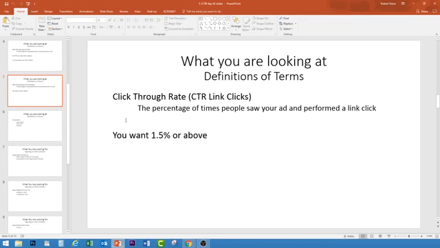And then once you get into your own niche, start selling your own products and really are able to dial in to that niche, those numbers might fluctuate from these baselines a little bit. Okay. So we went over the difference between the two different types of clicks and the two different types of click-through rates, the definitions of these terms, and some numbers of what we'll be looking for.